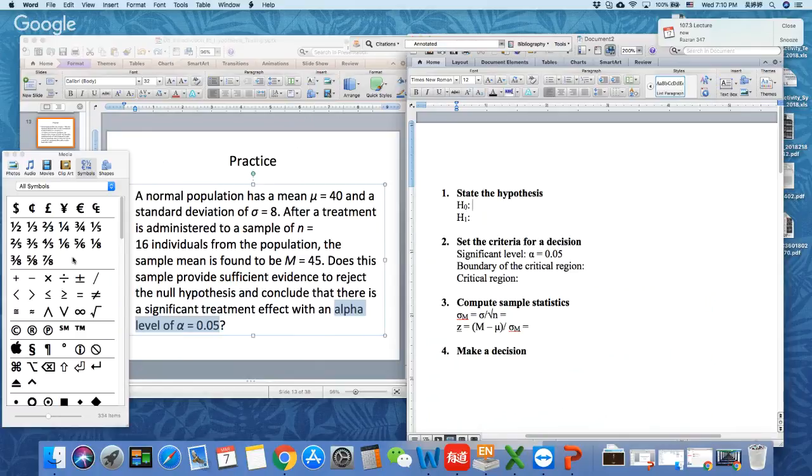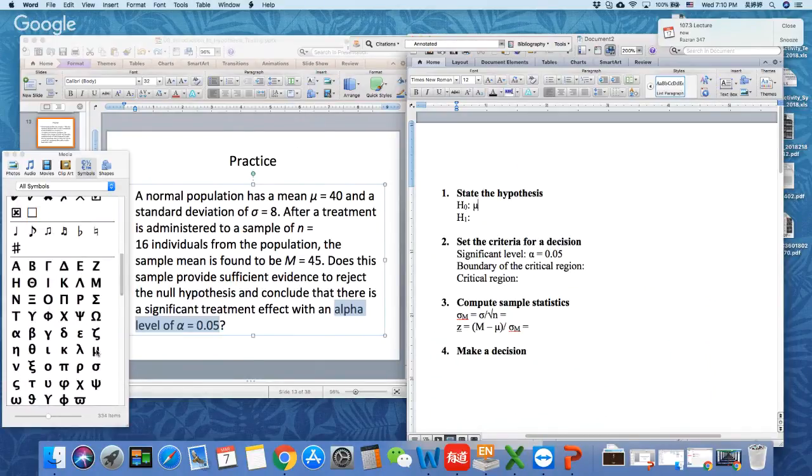Which means the mu after treatment equals mu no treatment. Right? The mu no treatment is 40 in this example.